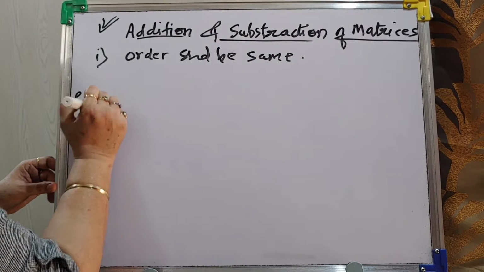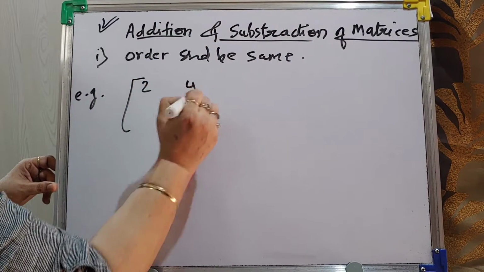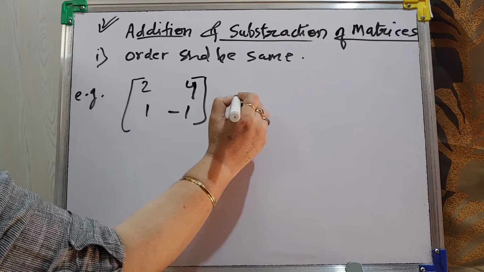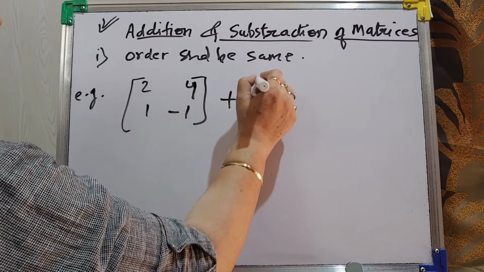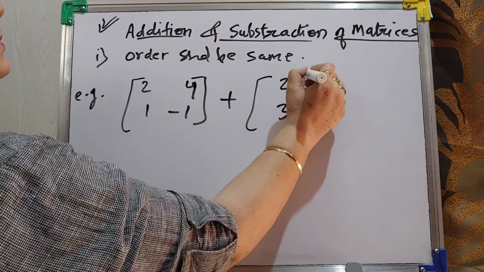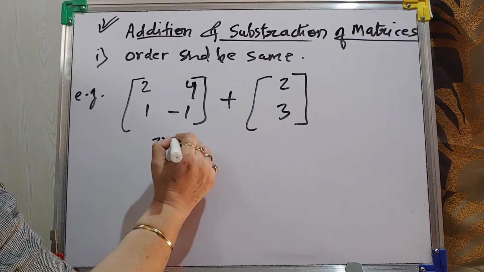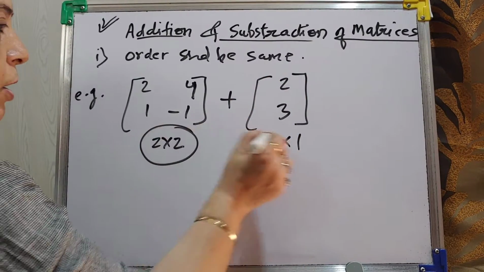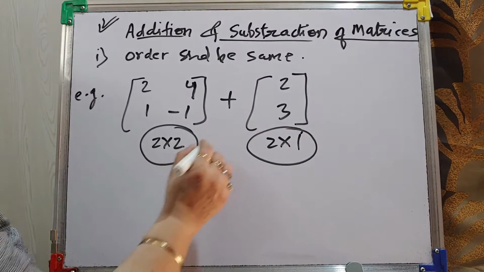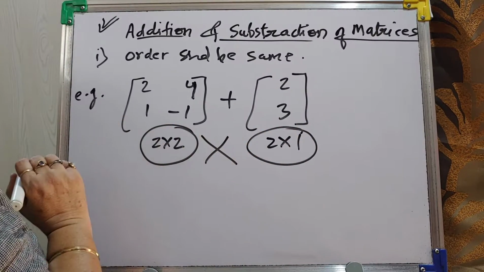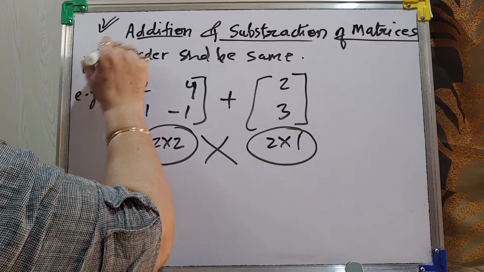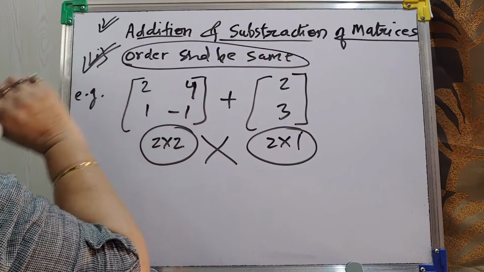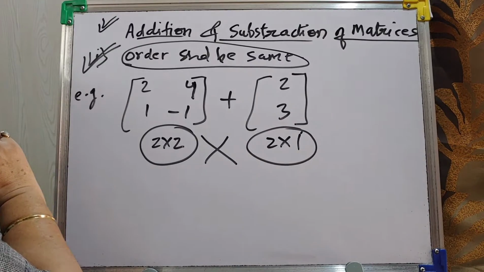For example, if I take one matrix as this and the other matrix as this, the order of this is 2 by 2, and here it is 2 rows, 1 column. Since the order is not the same, you can't add and you can't subtract. So for addition and subtraction, the order of the matrices should be the same.